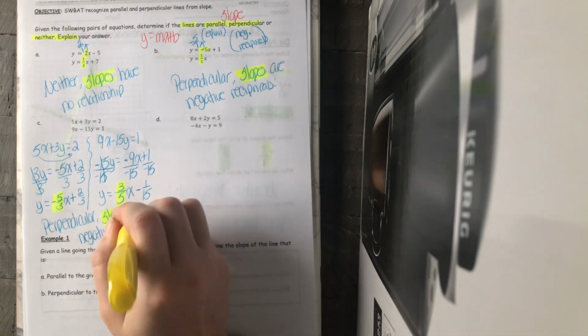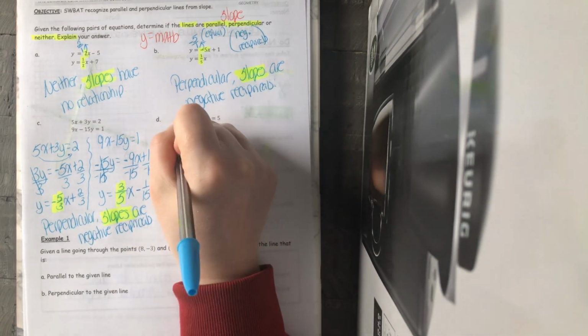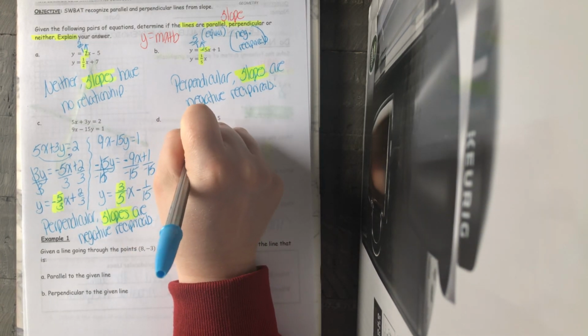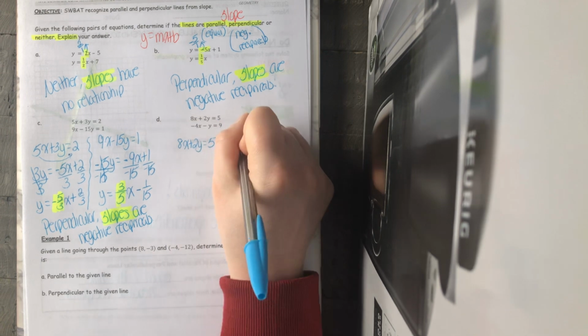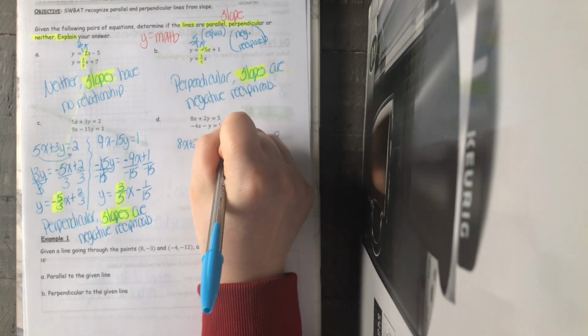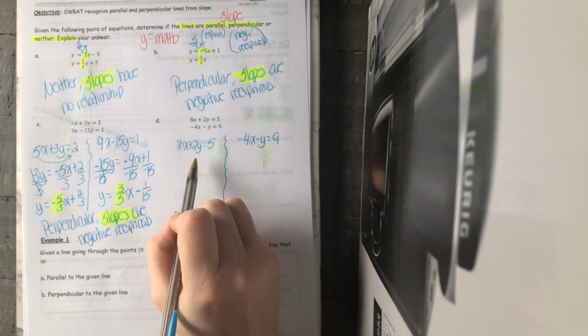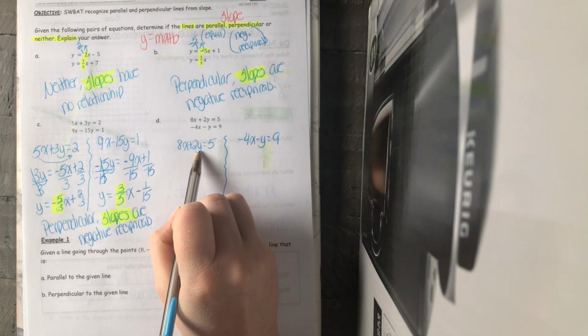All right. And then if we look at part D, it's the same thing. So I'm just going to take a second and solve both of these equations just like I did on C. If you want to take a minute right now to pause the video so that way you can try to solve on your own, I would do that, and then you can always press play after to check your work. So as I go here, I see y is not by itself.